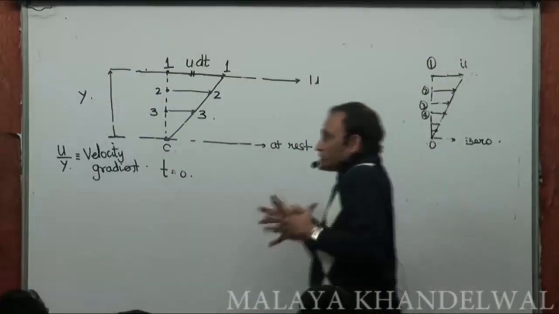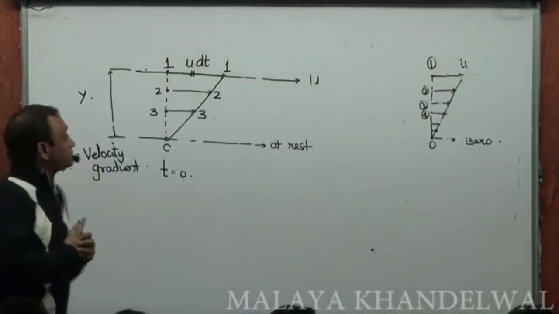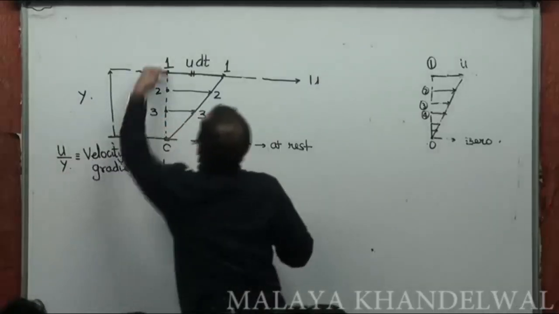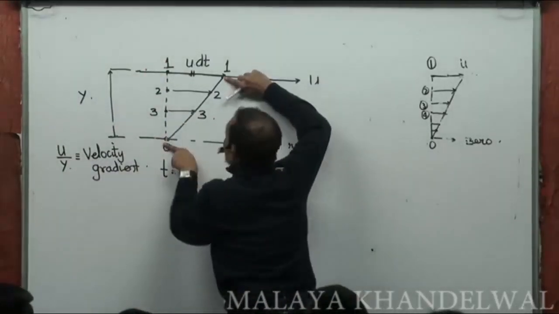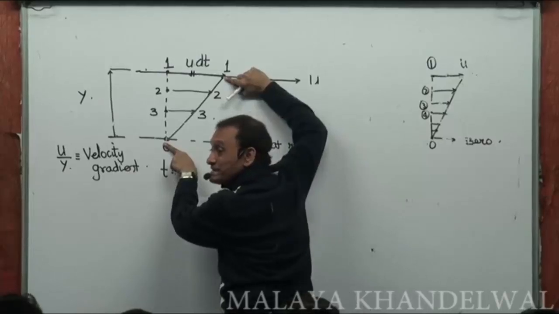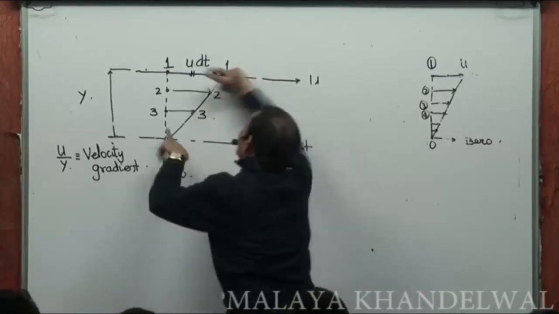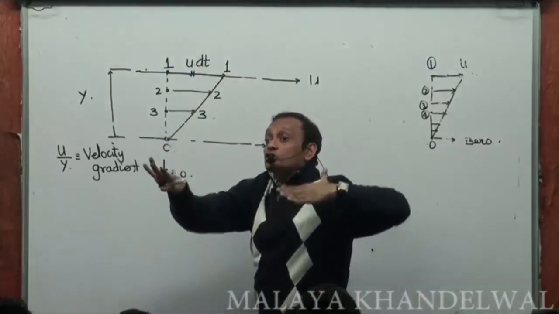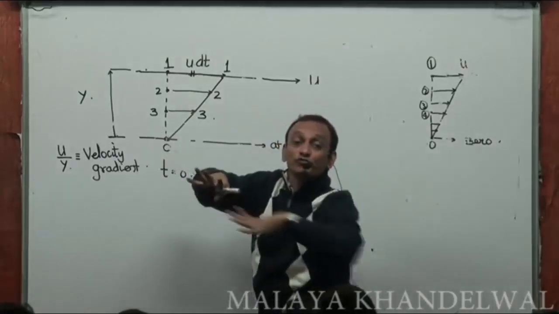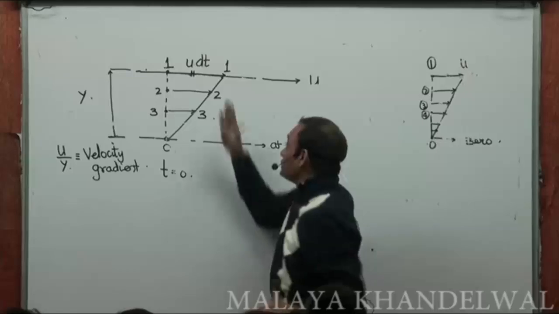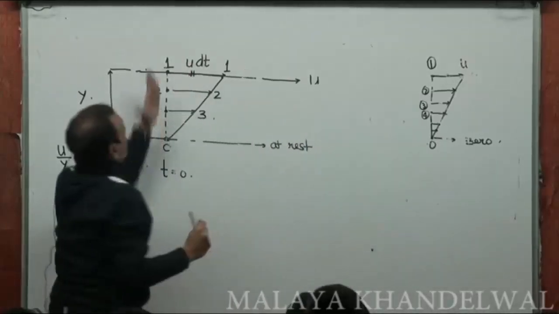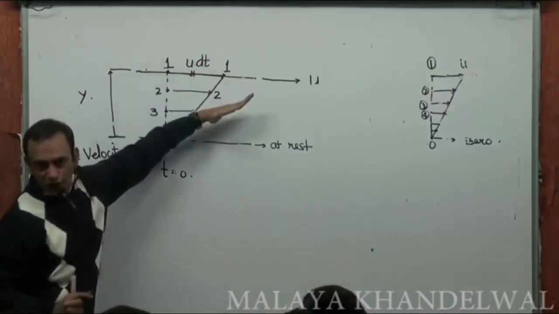Now do you realize that this was a line that I imagined along the fluid? After a while, this line becomes inclined. We then say that there is shearing that has taken place in the fluid. The fluid has got deformed, yes or no? Because the line joining 0, 1 has now got reoriented.